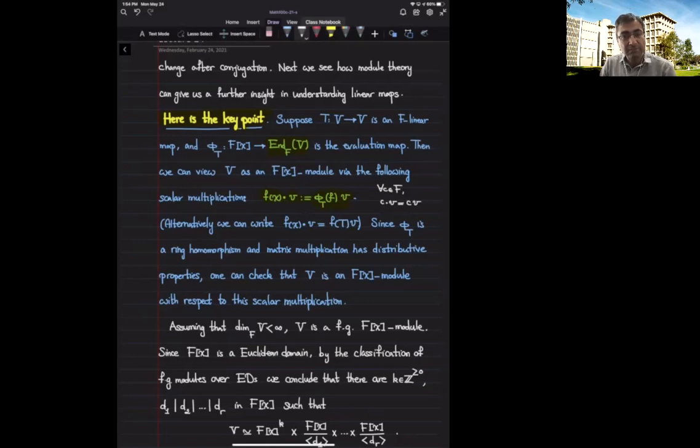Knowing that the dimension of V as an F vector space is finite, we can deduce that it is a finitely generated F[X] module.